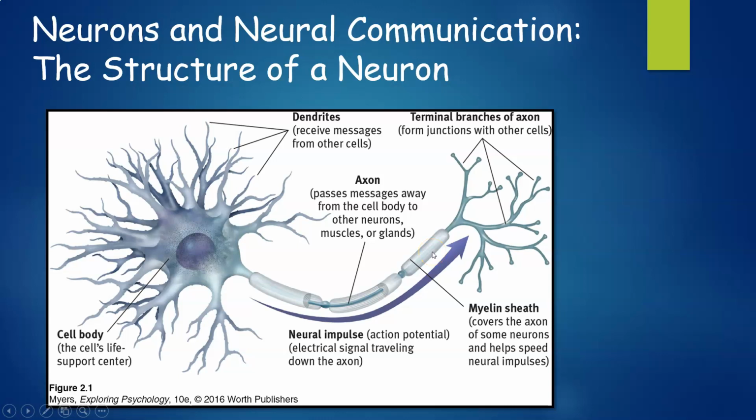And don't forget there is a myelin sheath. When you see a piece of broken glass, there's something called an action potential, right? Sending that information all the way to the terminal branches so that it gets sent to other dendrites. So make sure you know all the parts of a neuron. There are lots of different parts, so be familiar with them because you will need to know them.